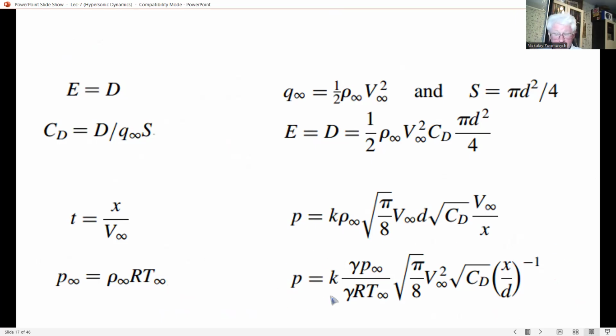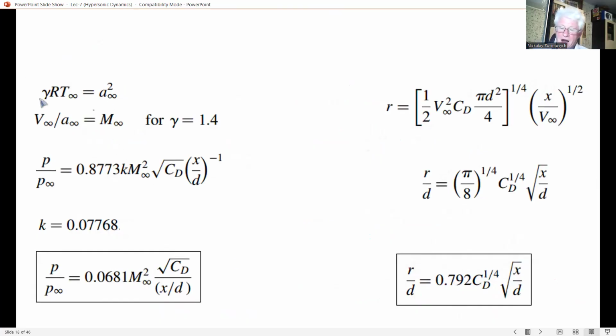Pressure is proportional to coefficient K in the numerator, gamma p infinity, in the denominator gamma rho T infinity, times square root of pi over 4, and times V infinity squared, next the coefficient square root of CD, in parentheses x over D, to the power minus 1. So we have this expression for p.